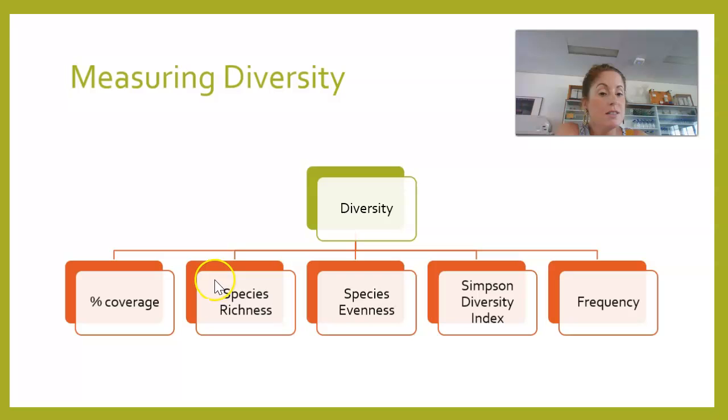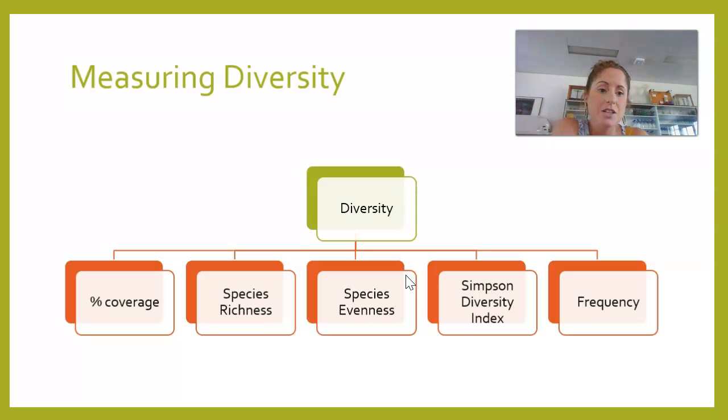Species richness is simply the number of species present at the site. Species evenness would be how evenly distributed each species that is present is. So if there are 4 species present in one site, but there are 10 of one of those 4 species and only 1 of the other 3 species, then they're not very even.